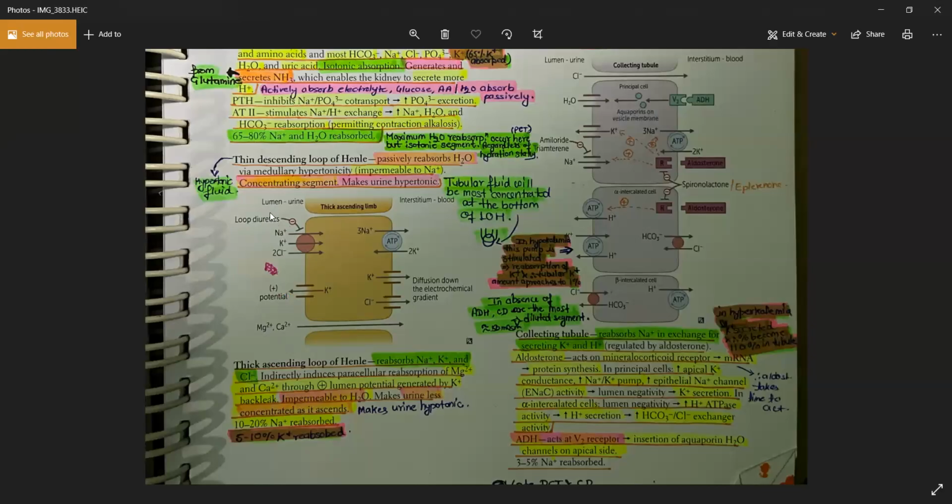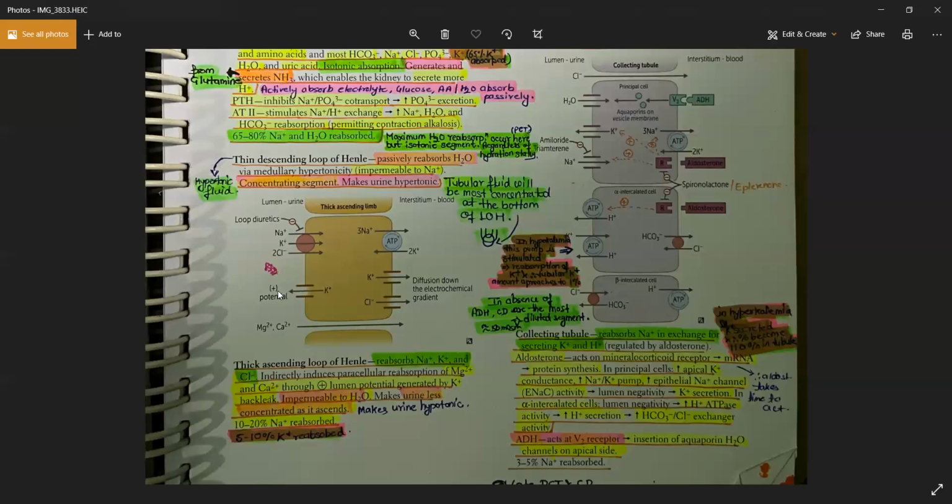Okay. And as the filtrate passes through my ascending loop of Henle, because it is impermeable to water and permeable to all other solutes, all these solutes will get reabsorbed and the concentration of these solutes will decrease in this filtrate, right? So what's going to happen to this filtrate as it passes through the ascending loop of Henle?